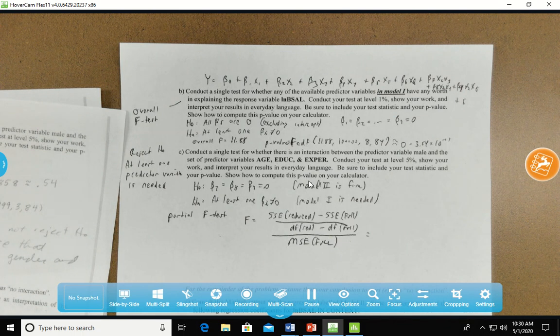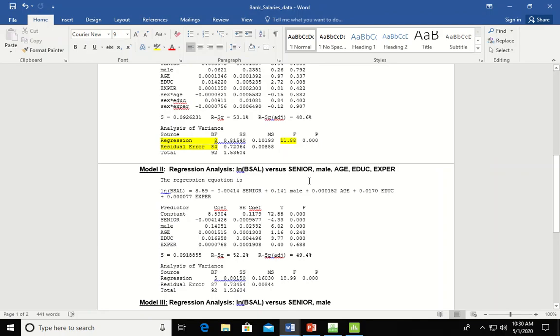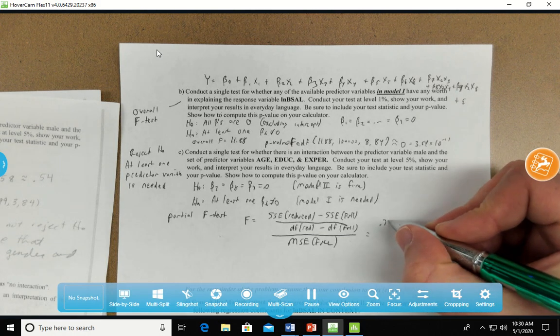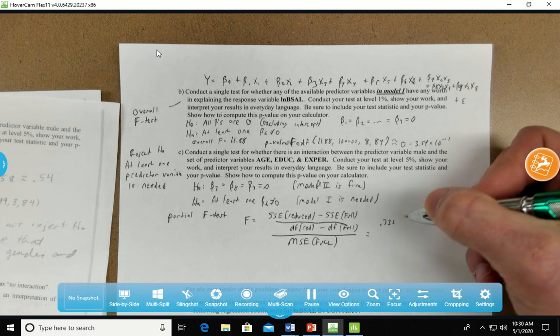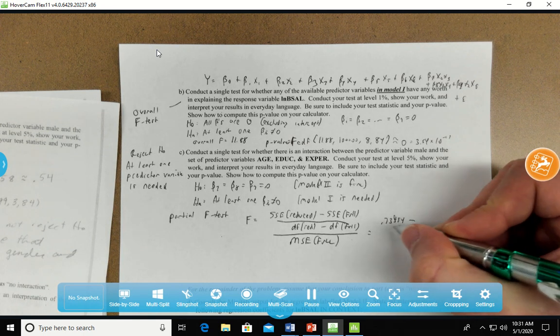So let's see if we can calculate these numbers from what we have. The sum of squared errors from model 2, again, this is the residual error, is 0.73454, minus something.